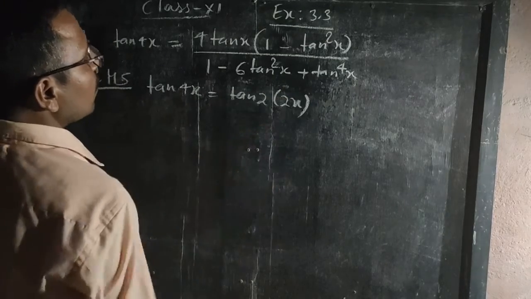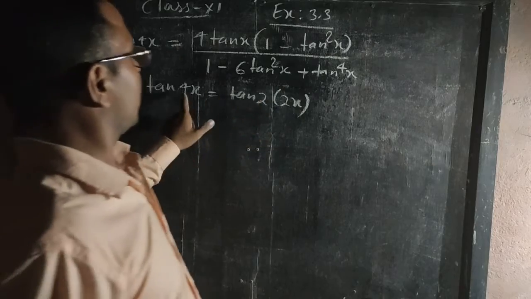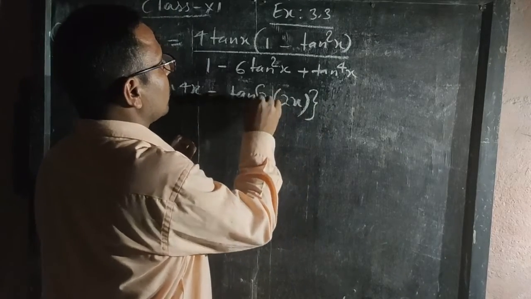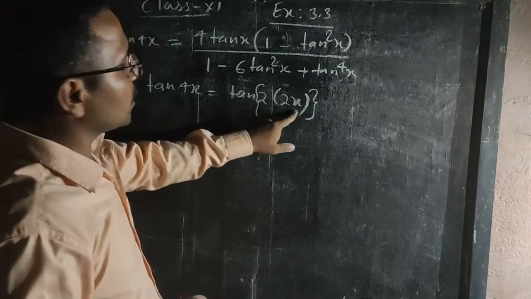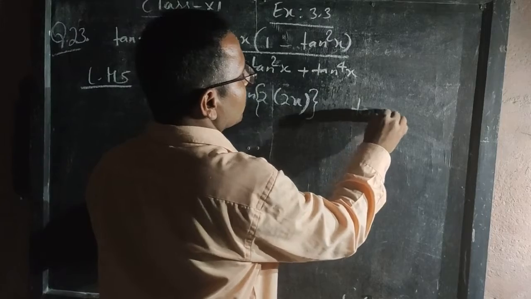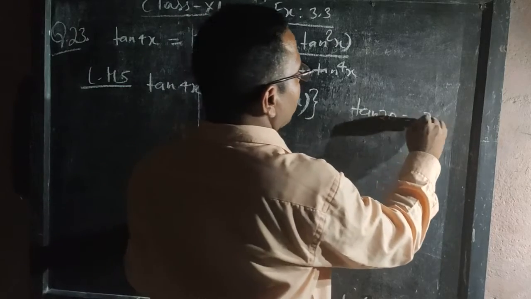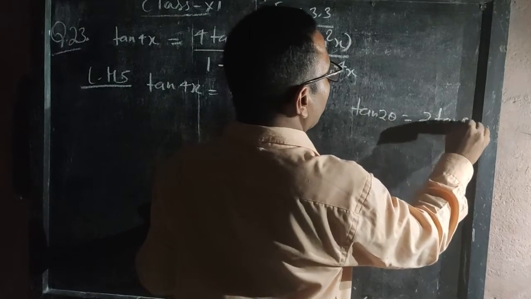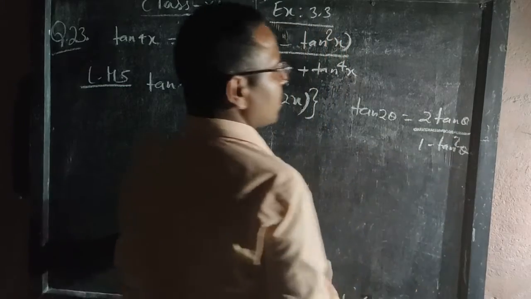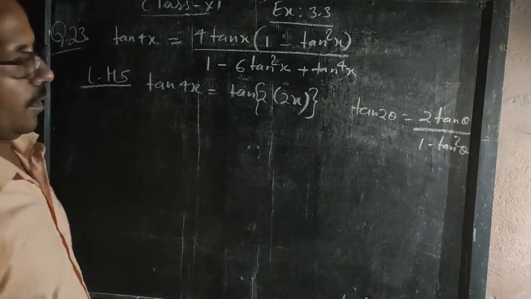Because of the multiplication, we get 4x. This 2x is also an angle, so we can use it in the bracket as well. Now students, tan 2 theta, taking this as theta, what will you get? The tan 2 theta formula you have learned: 2 tan theta upon 1 minus tan square theta. Use this formula.